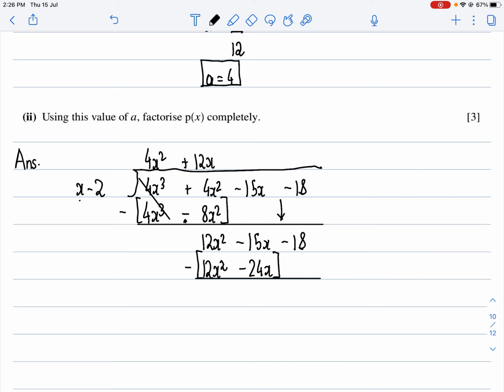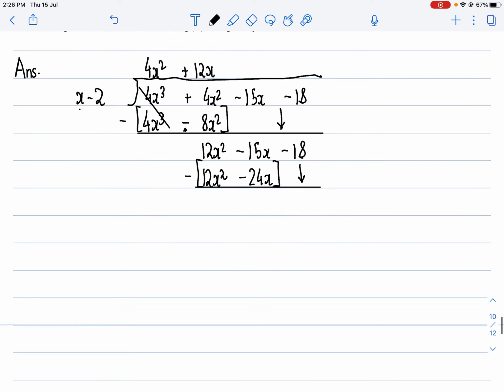When I do that, I can cancel this full thing out. Minus and minus will become positive. So minus 15x plus 24x will give me 9x. This is what I get, minus 18.